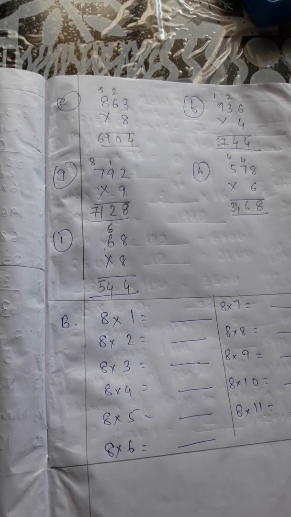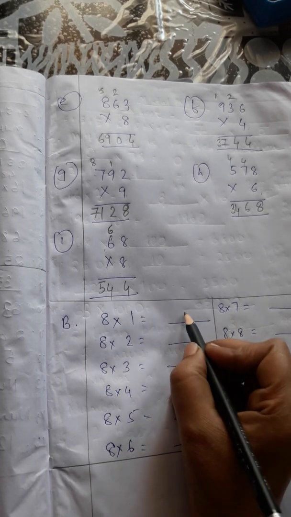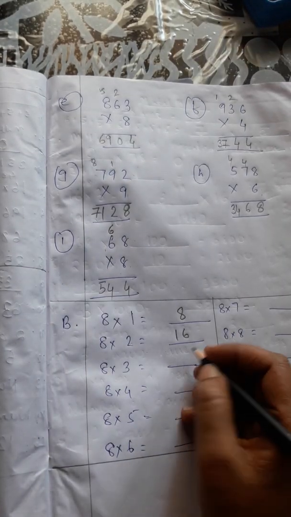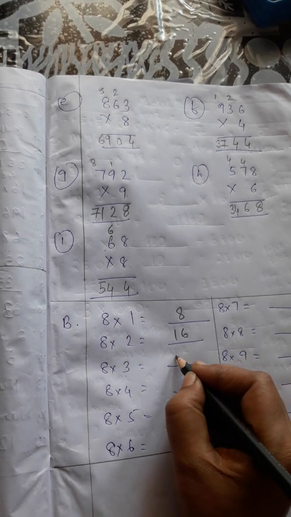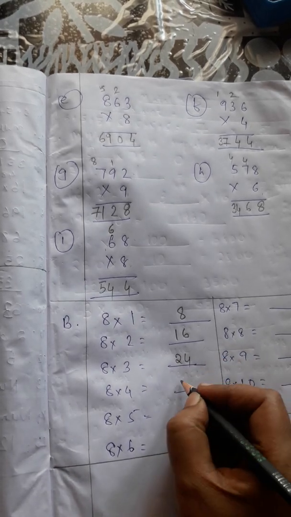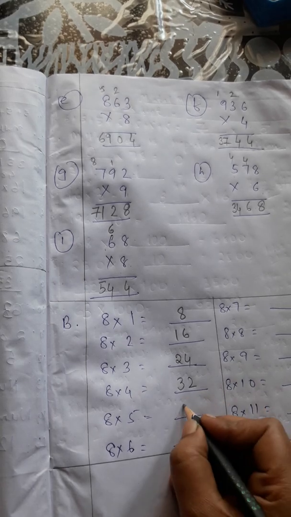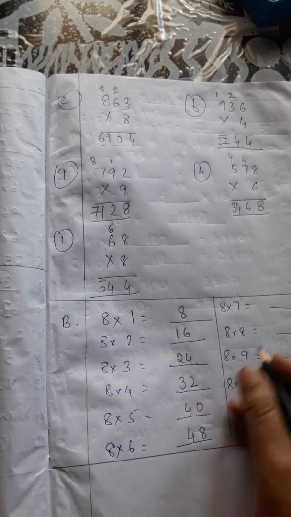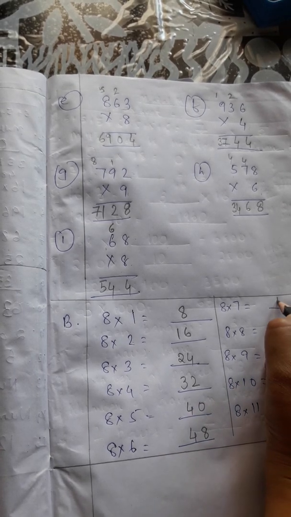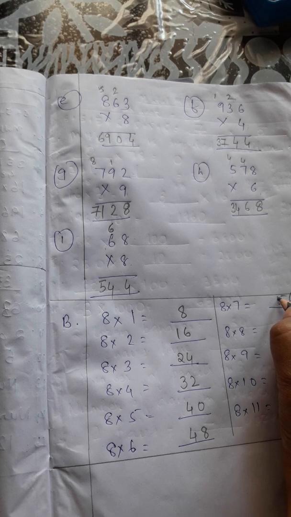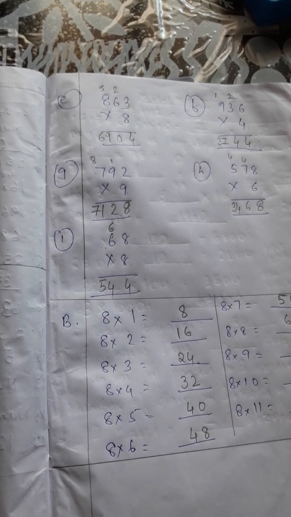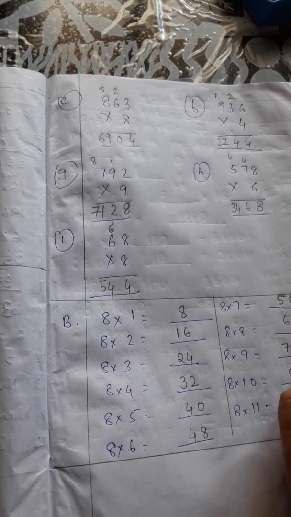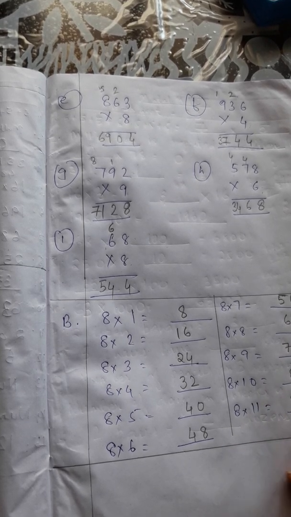Now look at the next one. Fill in the empty boxes recalling the table of 8. So I am writing down: 8 1s are 8, 8 2s are 16, 8 3s are 24, 8 4s are 32, 8 5s are 40, 8 6s are 48, 8 7s are 56, 8 8s are 64, 8 9s are 72, 8 10s are 80, 8 11s are 88.